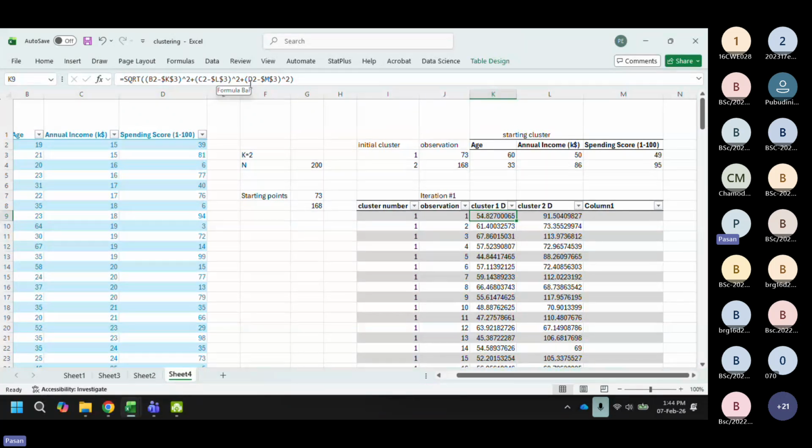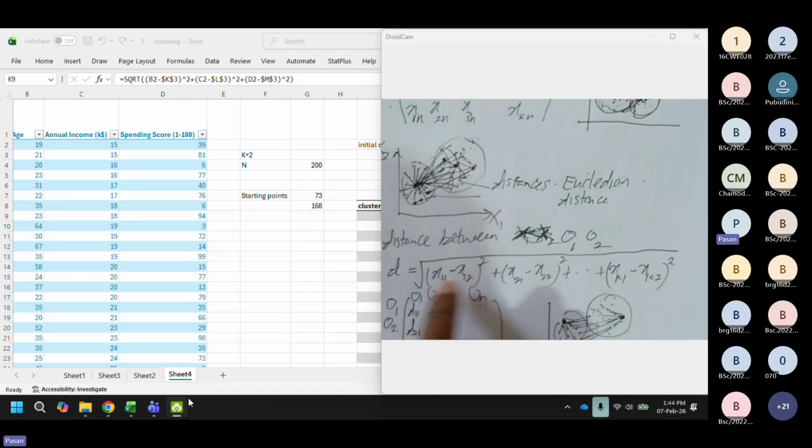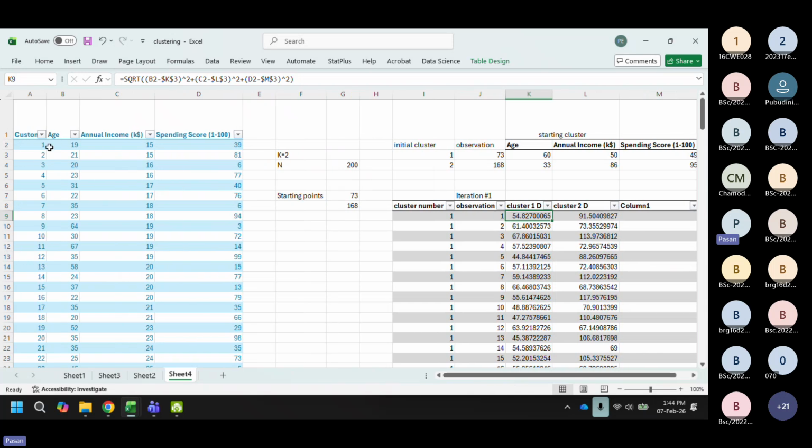But basically I'm using the formula that I mentioned over here, right? So there is the distance formula we can have. So you can see taking the square root between the B2, C2 and D2. So those are the values here, right?